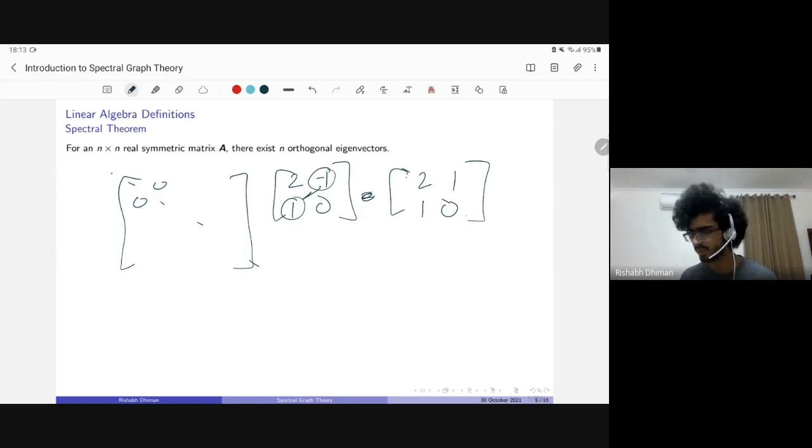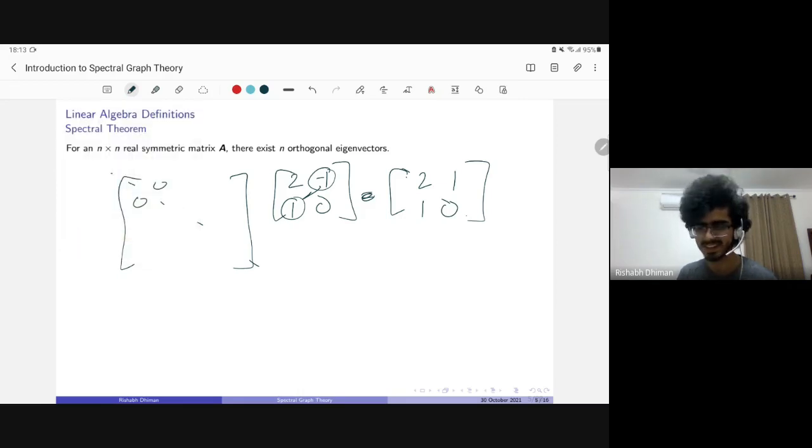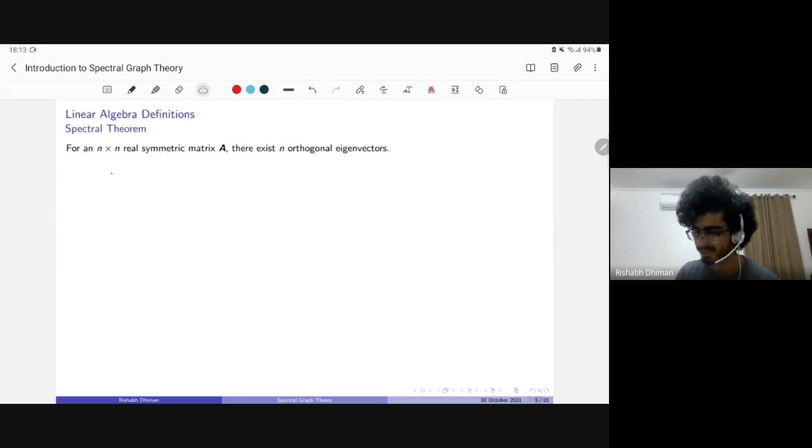And for the rest of this talk, we'll only work with symmetric matrices. So you actually have this really nice result in linear algebra. And when I just say it out loud that it's a very nice result, it's hard to really motivate the fact that it's a nice result without delving into deep linear algebra. But you actually have this nice result that if you have a real symmetric matrix, then it will always have n eigenvalues. And on top of that, the associated eigenvectors will be orthogonal.